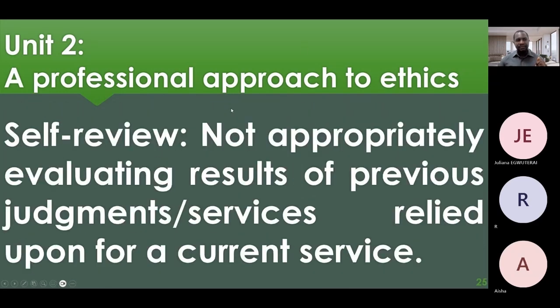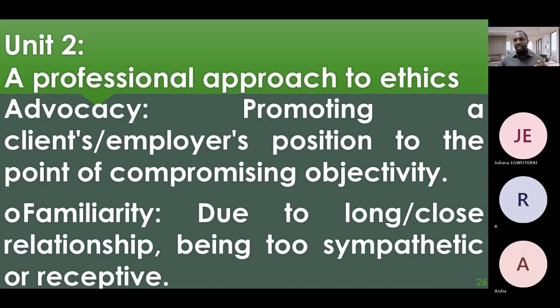Okay, so number 2 threat is advocacy. You're promoting a client's position to the point of compromising your objectivity. So advocacy comes mostly to our tax accountants in practice. A client pays you a chunk of your yearly revenue, and you try to advocate for that firm. You are trying to ensure that you retain the firm.